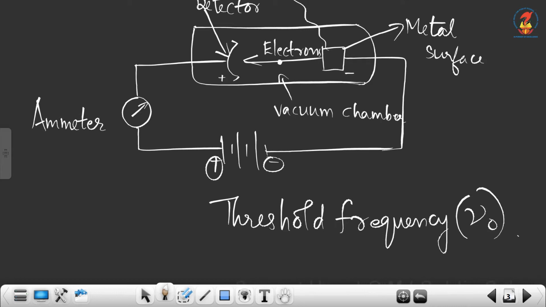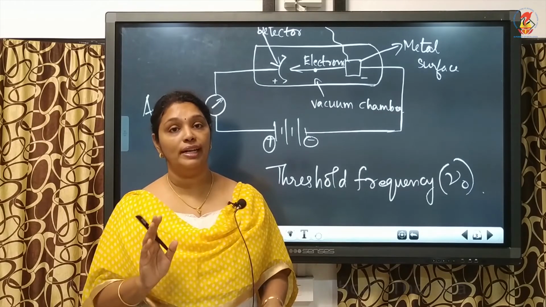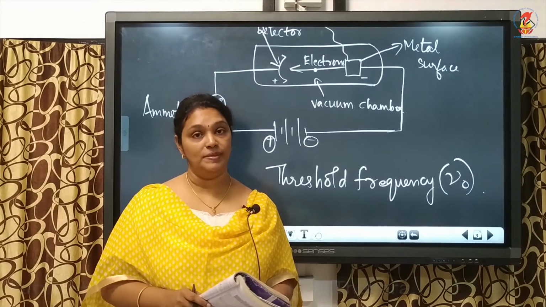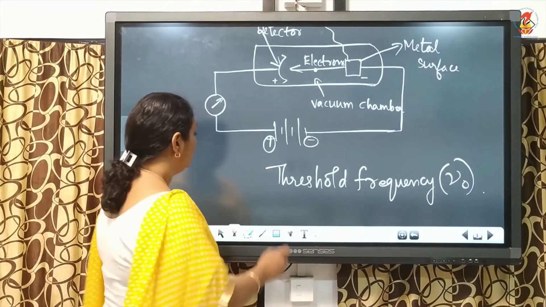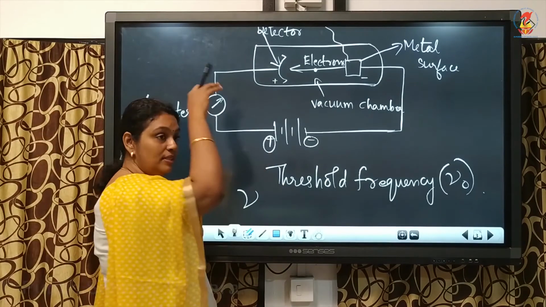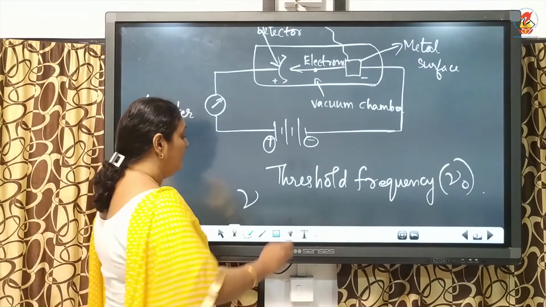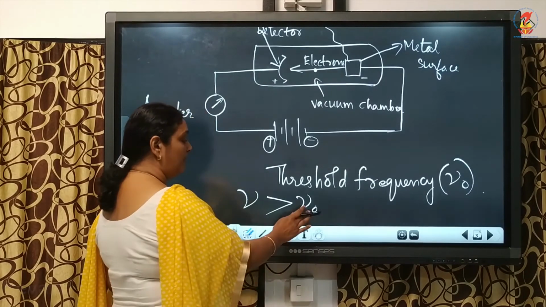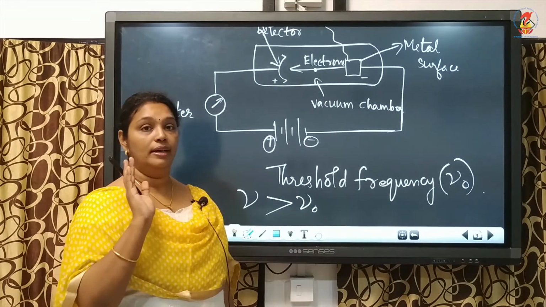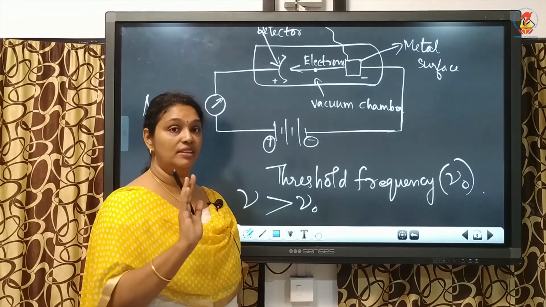So, each metal has a minimum frequency called threshold frequency, below which photoelectric effect is not observed. Only if the frequency nu of the incoming radiation is greater than nu naught. Nu naught is the minimum frequency that the metal requires. There is a threshold frequency.